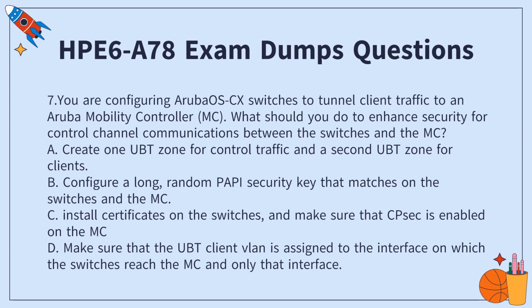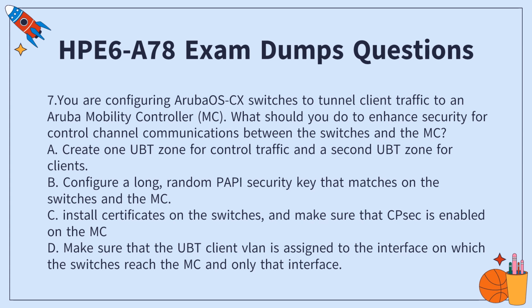7. You are configuring ArubaOS-CX switches to tunnel client traffic to an Aruba Mobility Controller, MC. What should you do to enhance security for control channel communications between the switches and the MC? A. Create one UBT zone for control traffic and a second UBT zone for clients.